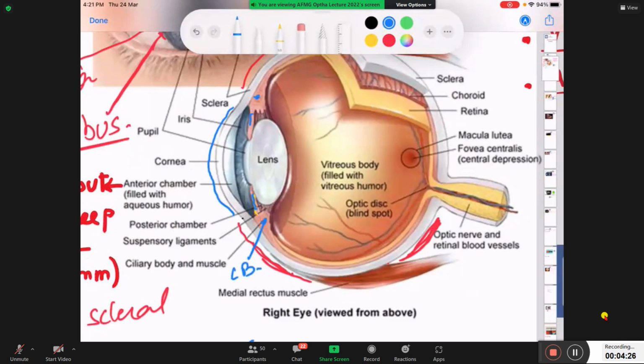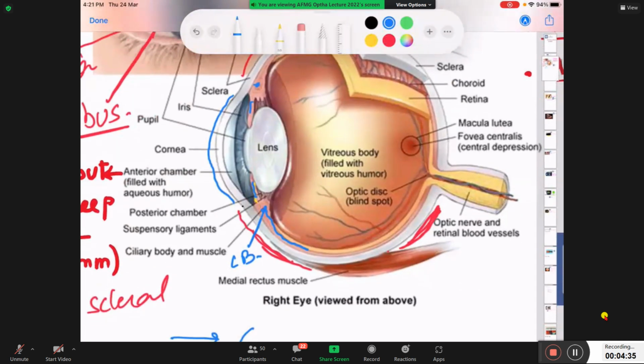So iris is joined with your ciliary body, which is a continuation of this layer, the middle layer of the eyeball, called choroid. So this middle coat of the eyeball is called choroid. Understood? So the middle coat has 3 parts. The anterior-most part is your iris, then comes your ciliary body, and then comes your choroid.